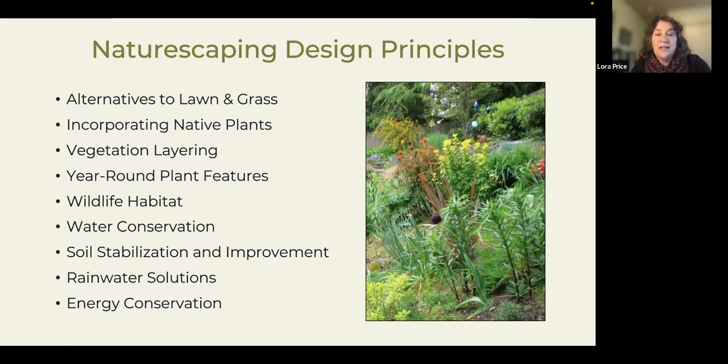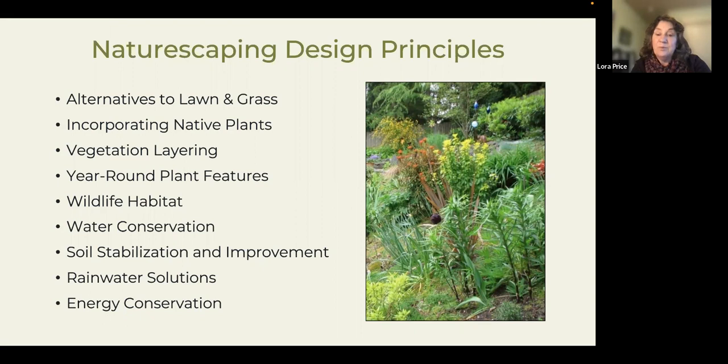Wildlife habitat, and that involves a lot of different habitats, not just for birds and bees. Water conservation, which has become increasingly important with our climate change. And we are already seeing 4 months of dry, so we need plants that can withstand that.